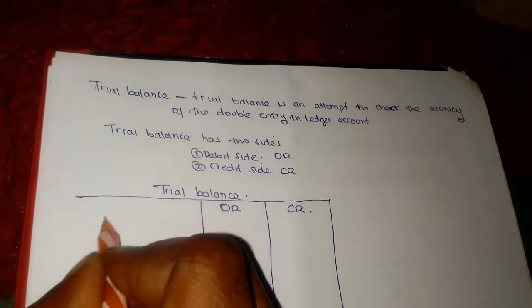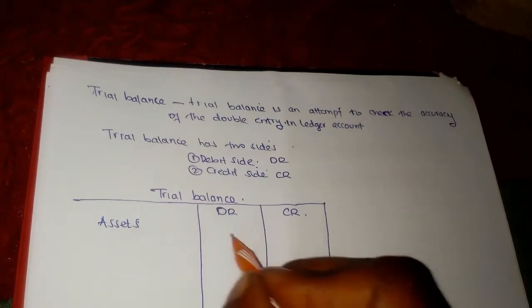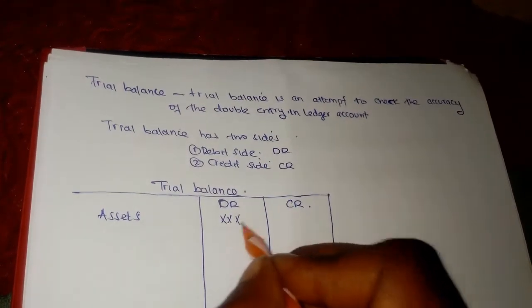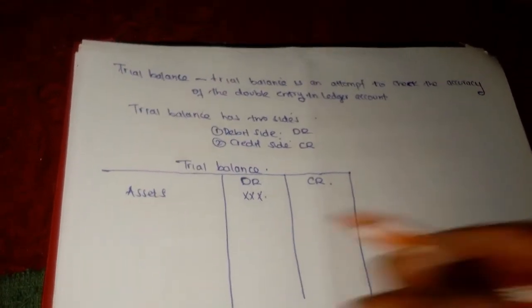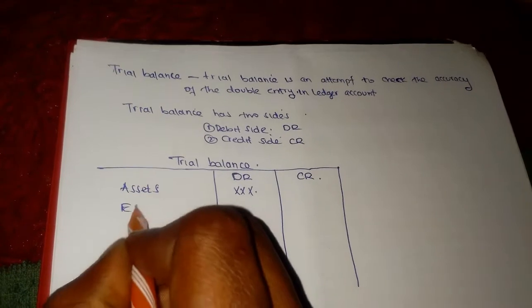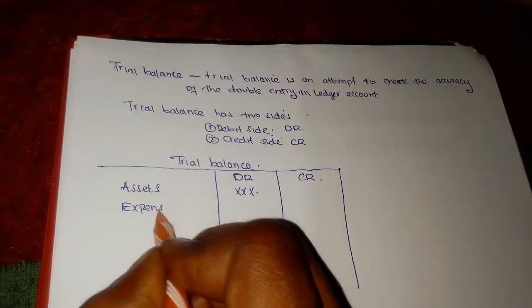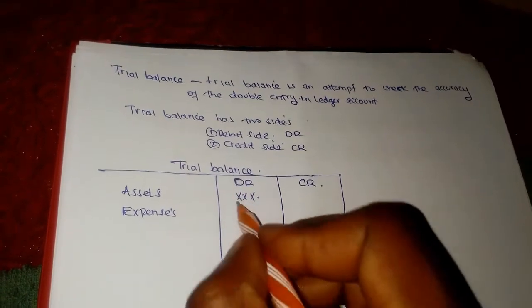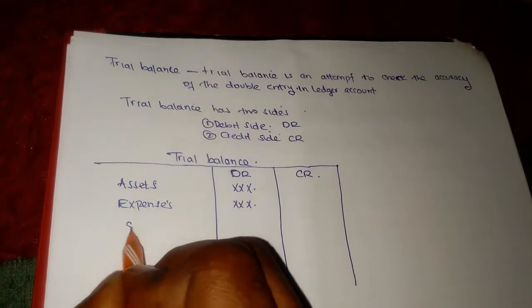For example, all assets go in the debit side. Then all expenses, the same, go in the debit side. Then we have sales.